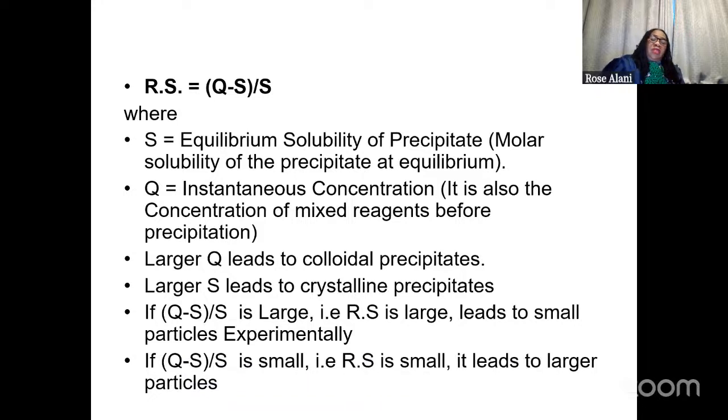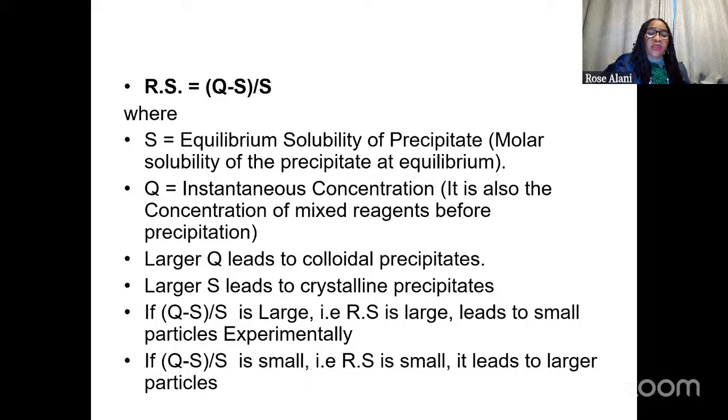Then the larger Q leads to colloidal precipitate. When Q is larger, colloidal precipitates are formed. Of course, that means that filtration is going to be difficult because colloidal precipitates are very tiny. And then larger S leads to crystalline precipitate. This is a good one.